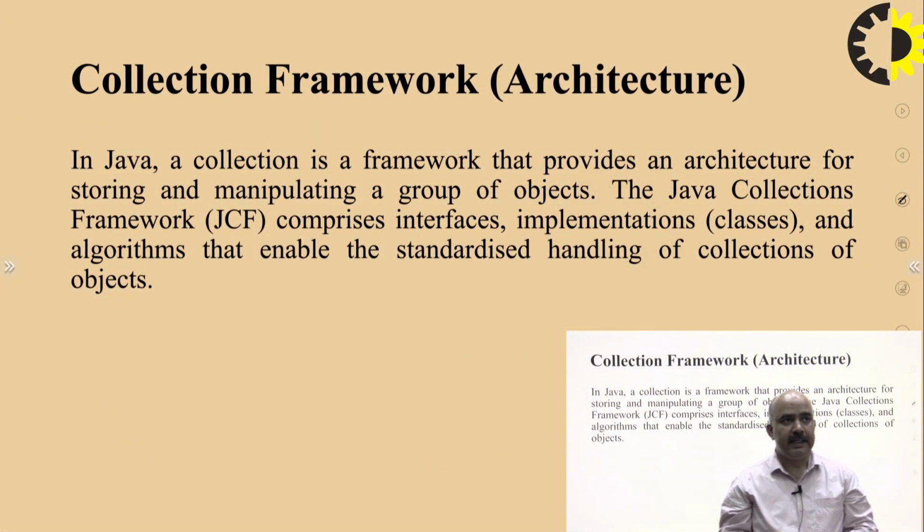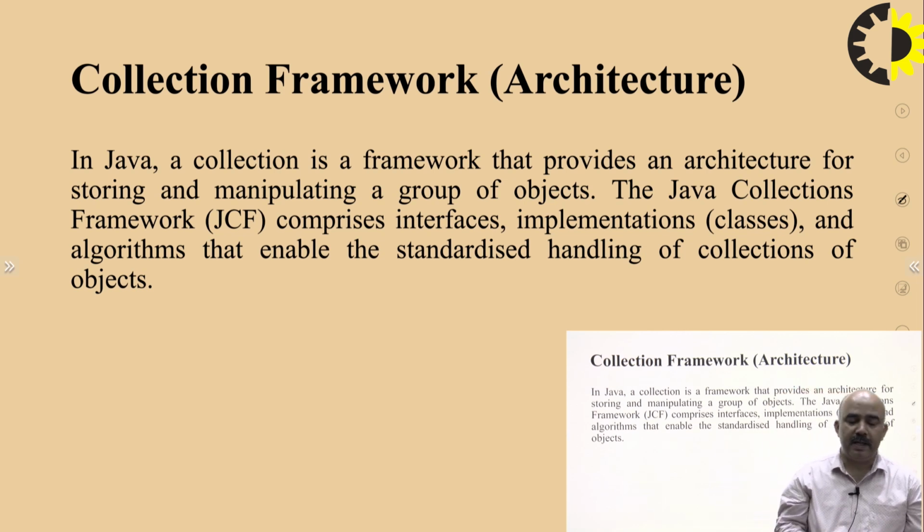In general, the collection framework is just a framework in which we have these interfaces, as well as how those interfaces are implemented with the help of classes and the algorithms.